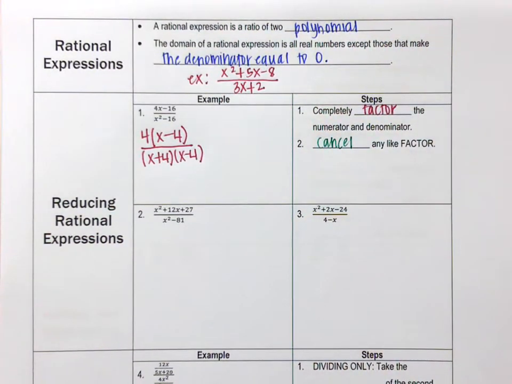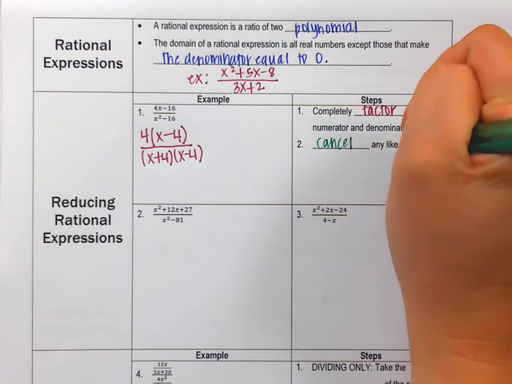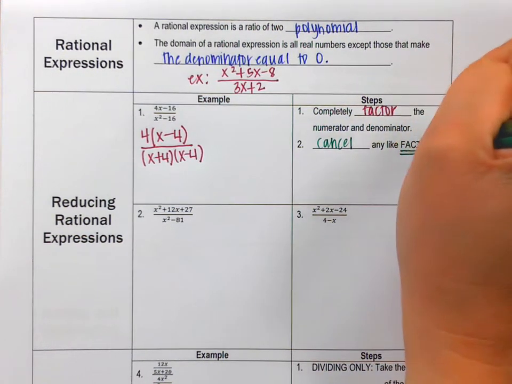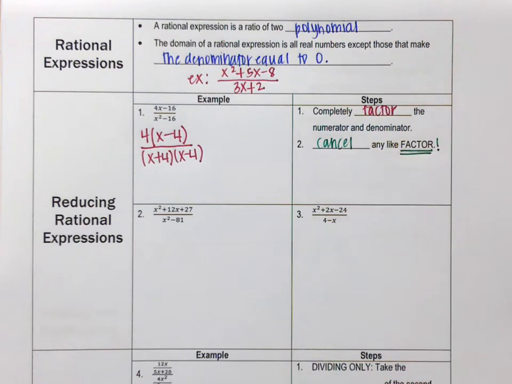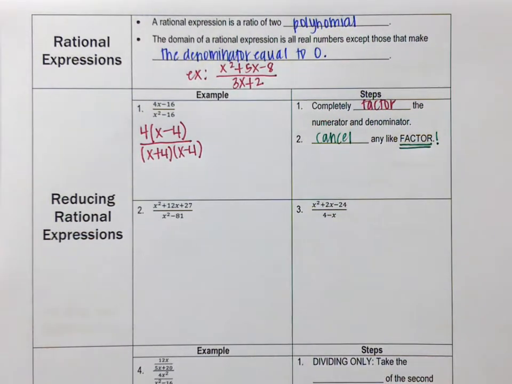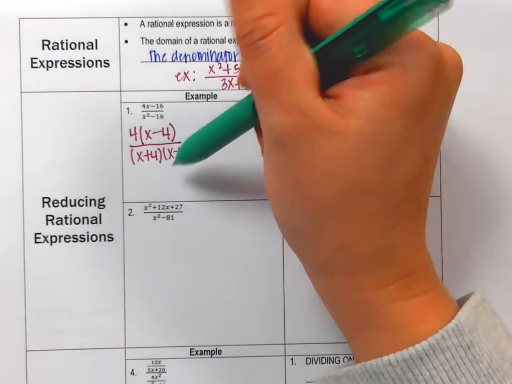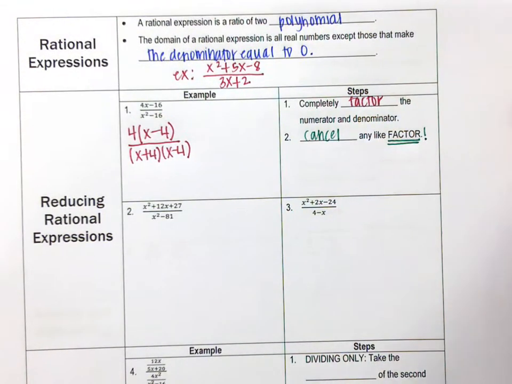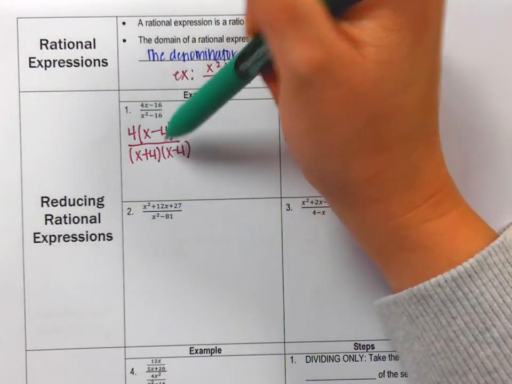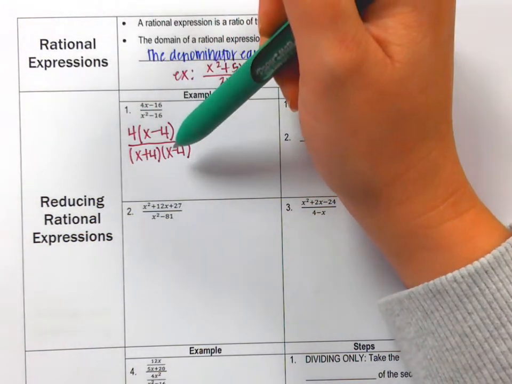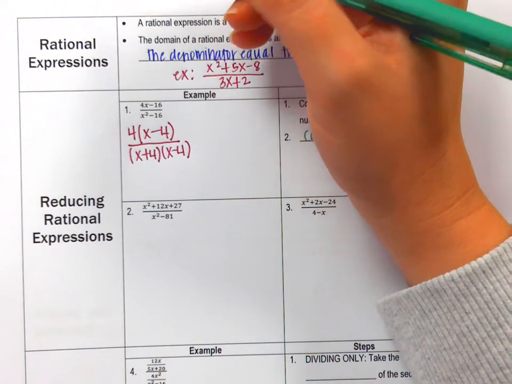And I put factor like in caps, it's underlined, it should be like an exclamation point. A factor is something that is exactly the same. So we have x minus 4 and x minus 4. They both are two terms. First term is x, second term is minus 4. Those are the exact same factors.